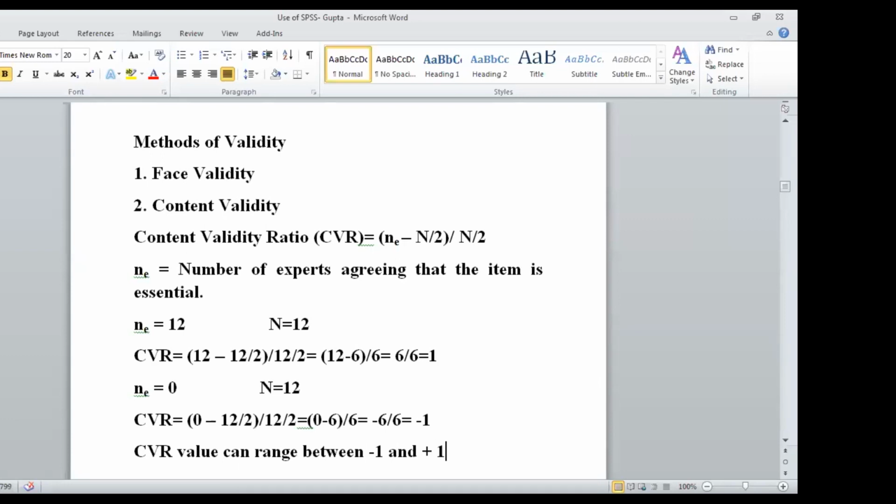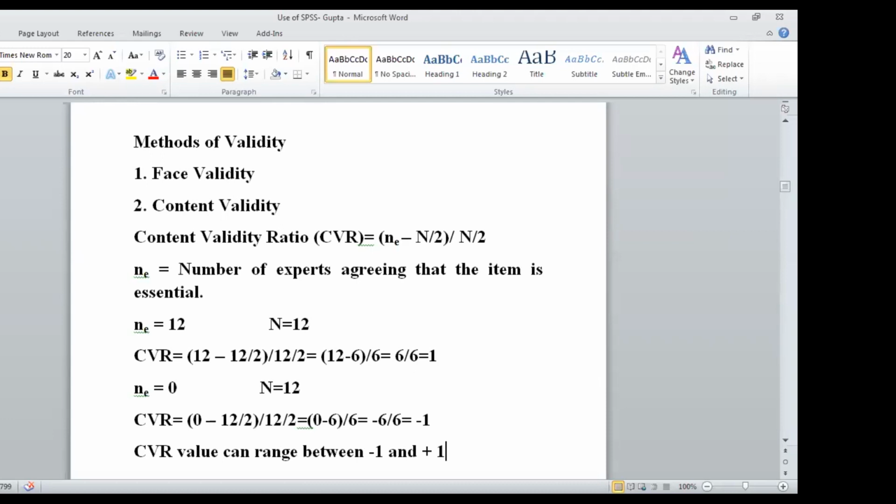If your CVR value is more towards plus 1, it shows that the tool has content validity because the judges agree. More judges agreeing means your CVR value will be positive, and your CVR value should be greater than 0.5.